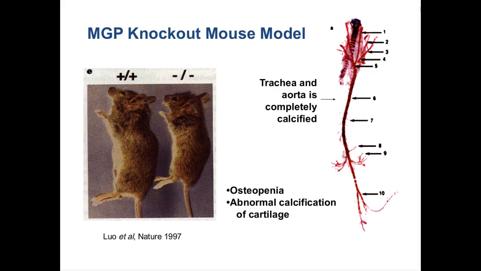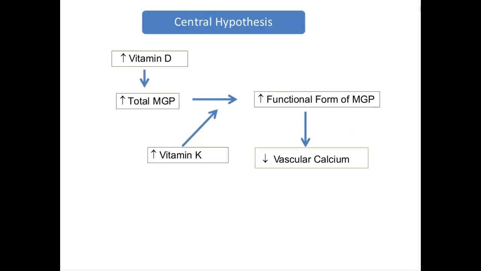When the animal doesn't have matrix GLA protein, and this is a vitamin K dependent protein, so when there's no function in matrix GLA protein, the animal is smaller, it has abnormal calcification of the cartilage, and its aorta is completely calcified. Now, you don't want the aorta to be calcified, and you don't want your trachea to be calcified, but this is what happens when you don't have functioning matrix GLA protein.